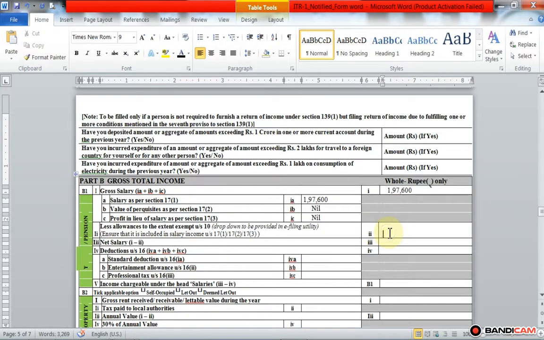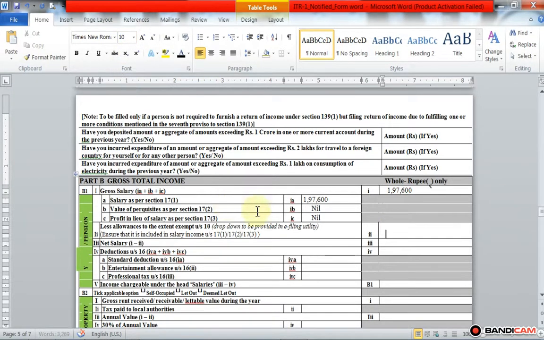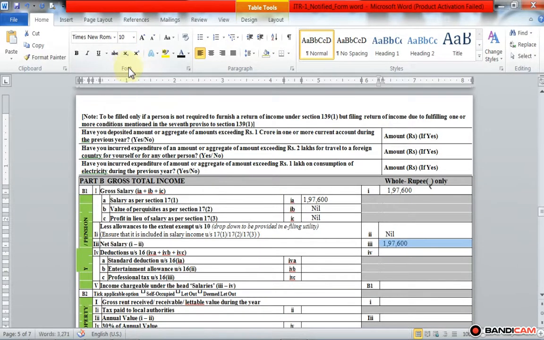Exempted allowance is not given, so in front of less allowances to the exempt, nil. Then net salary remains the same, that is 1,97,600.